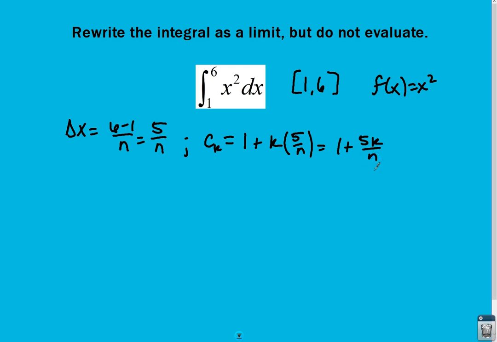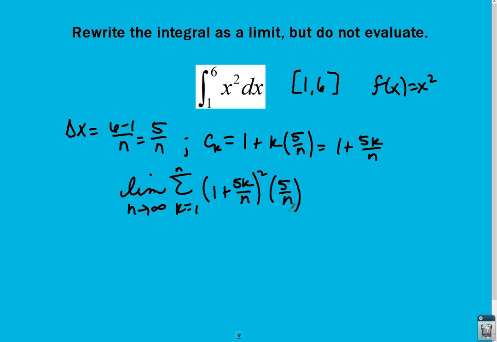All right, so then the limit as n approaches infinity of the summation from k equals 1 to n of my function, which is just x squared. So I want c sub k squared, so 1 plus 5k over n, squared, times delta x, 5 over n. Okay, so I don't have to evaluate it. I took this right here and I turned it into that.